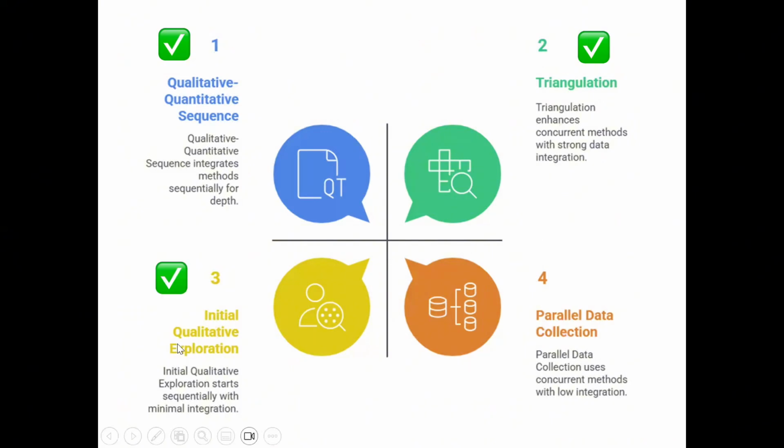Then initial qualitative exploration: you take qualitative exploration to explain it, before you go on to integrate it into the mainstream of the study. Then the parallel data collection, the both of them concurrent, you use them at the same time.